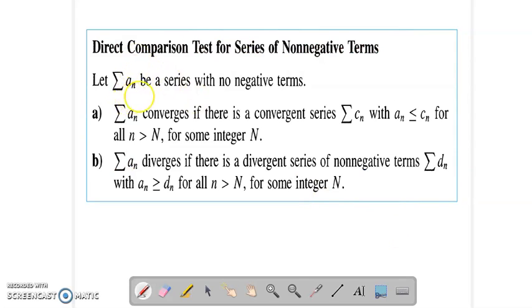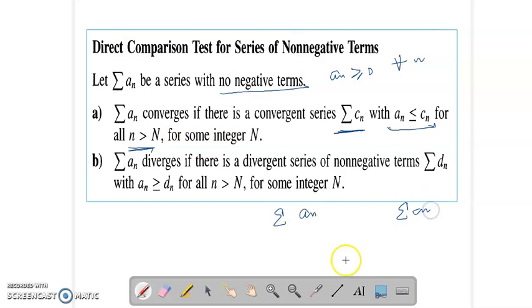Let summation an be a series with no negative terms. So we are assuming that an is greater than or equal to 0 for all n. The first part of the direct comparison test says that summation an converges if there is a convergent series summation Cn with an less than or equal to Cn for all n greater than N, for some integer N. So we are saying that we have this series and we have this series.